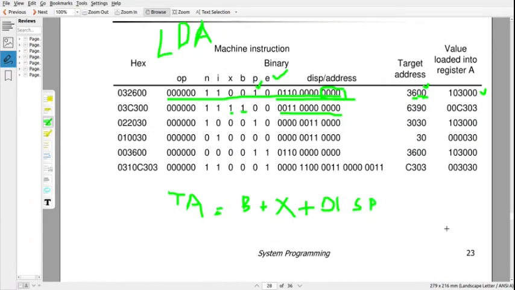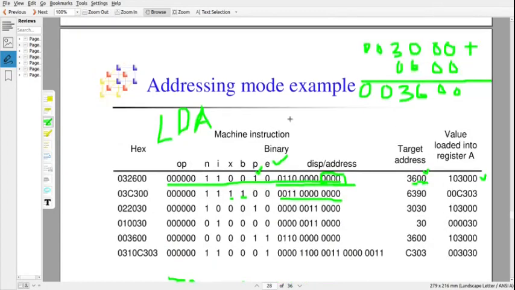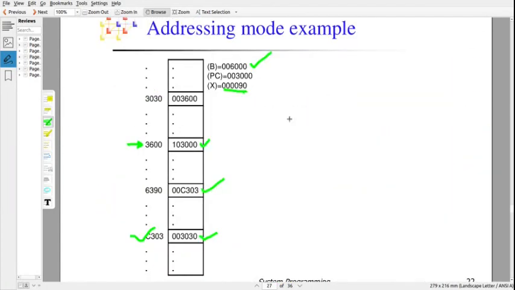You can see that our displacement is 300, our X register contains 0090, and our base register contains 6000. So 6000 plus the X register, which contains 90.